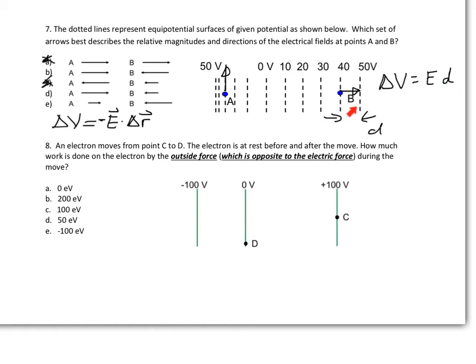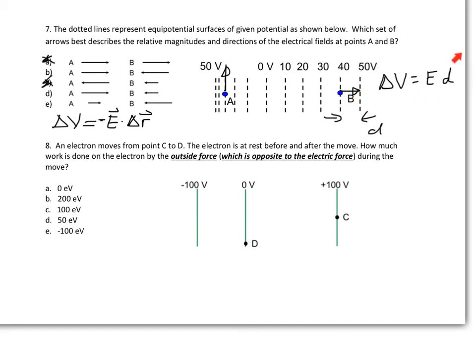So that D is this spacing right here. And the signs are all right because E is pointing the opposite way, so the inner product is negative, but there's a negative sign. So this is all right. And notice delta V is positive here.